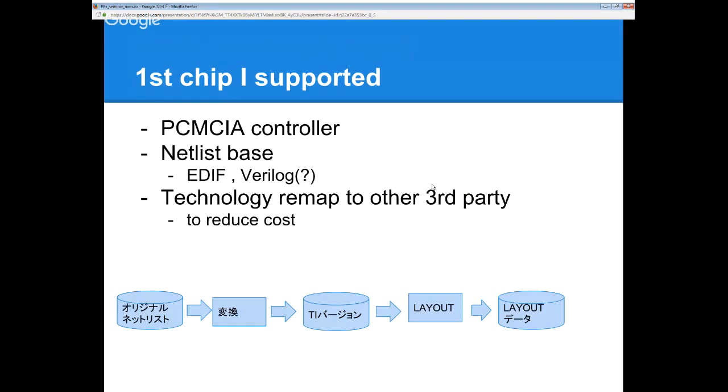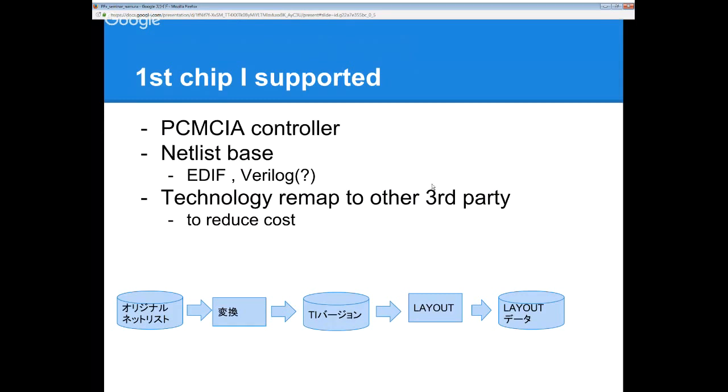And that project was to convert the netlist into some other process, because we wanted to reduce the cost of the fab. So we wanted to move from our own fabrication to third-party vendor fabrication, so we converted the netlist to the third-party technology.